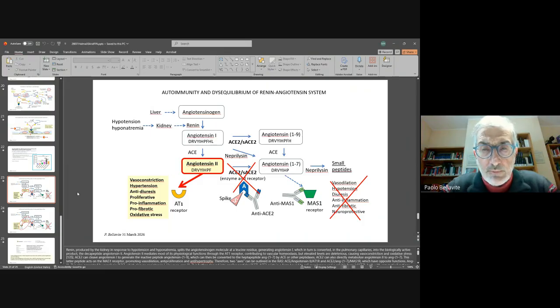This activation might lead to hypertension, pro-inflammatory effects, and endothelial dysfunction. Considering the MAS1 antibodies, these could block the MAS1 receptor and prevent the beneficial action of angiotensin 1-7.